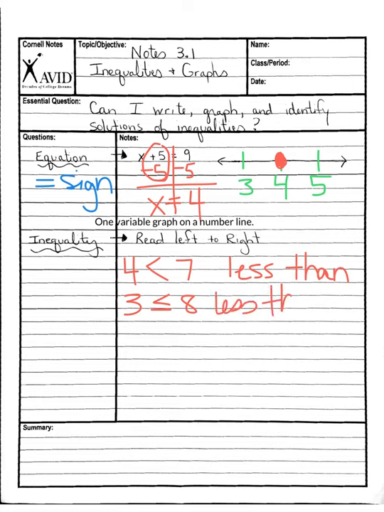So this is less than or equal to. And then we have another kind of symbol. What if I were to switch those and I read the 7 first? Well, this would just be the greater than symbol because again, we're reading left to right. So 7 is greater than 4.